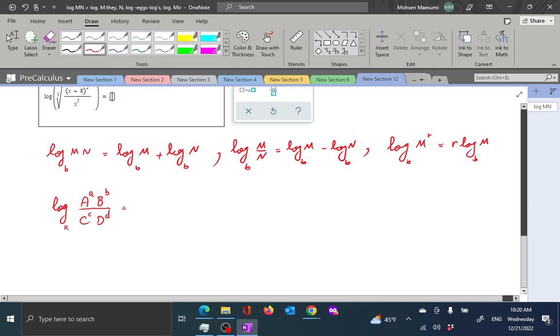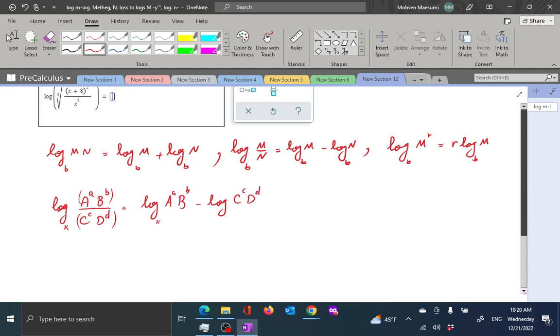Well, first we separate numerator from denominator, so it's going to be logarithm of a to power of a, b to power of b, minus logarithm of c to power of c, d to power of d.